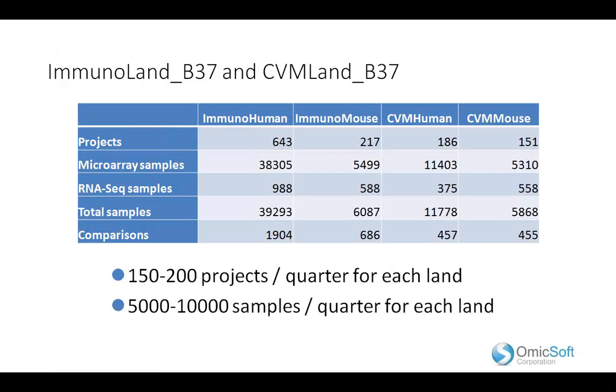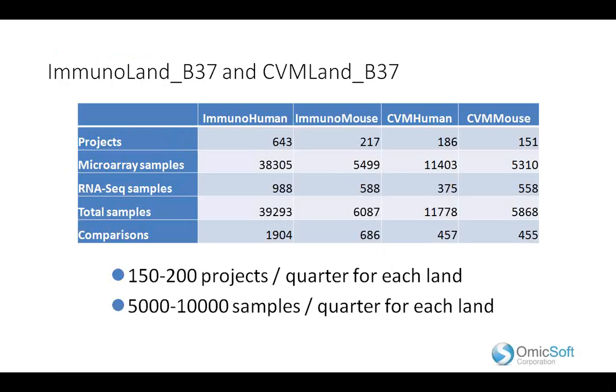Overall, there are close to 50,000 samples in the latest version of ImmunoLand. And we also have more than 2,500 comparisons across different projects in ImmunoLand.